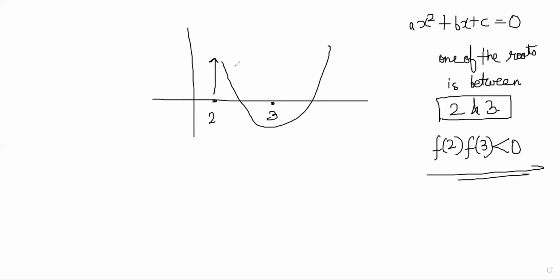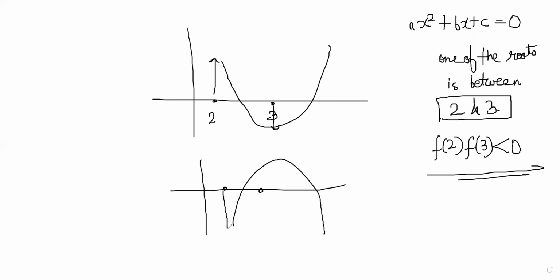Because f of 2 must be positive and f of 3 must be negative, or the other case is basically like this, when f of 2 is negative now and f of 3 is positive, right? So always draw the graph for a location of roots question. And once you understand what the graph is saying, you will be able to figure out the condition for location of roots, right? So let's do some other examples.